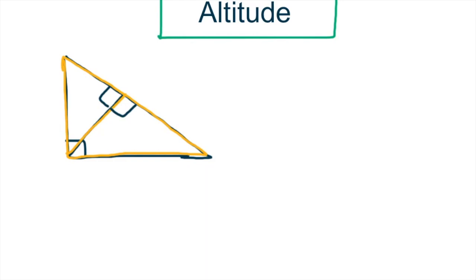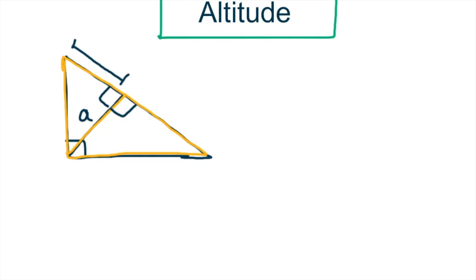Now the proportion that we can set up using the altitude theorem clearly involves the altitude, which in this case I'm going to call A. We might have labeled it something differently in your notes, but I'm just going to call it A for altitude. Next, it involves the legs of each of these smaller right triangles.